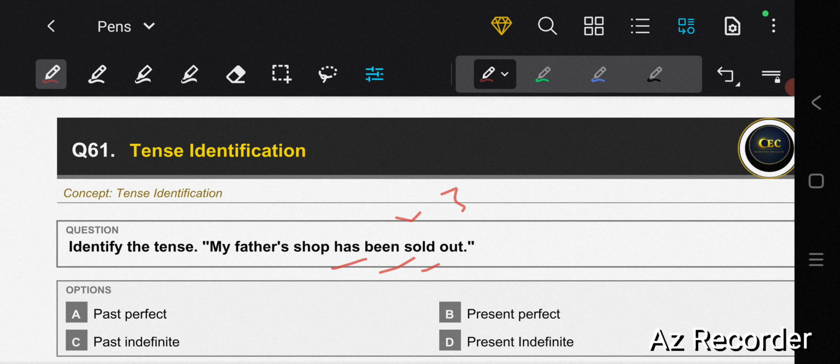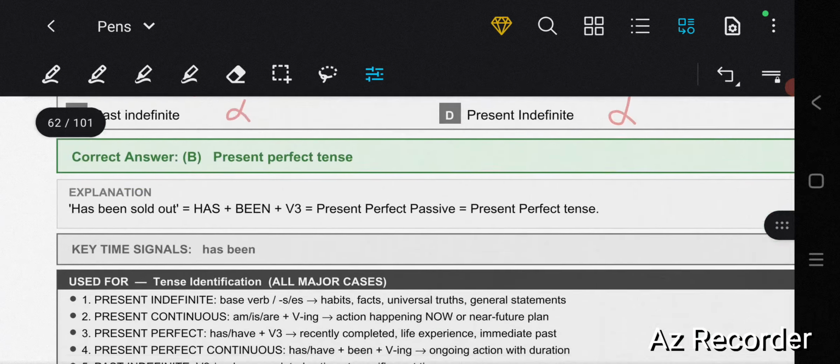Here we see the main verb is in V3 form. So after "have" or "has", if you see "been" and V3, it's present perfect in the passive formation. So what is the tense here? Present perfect, and the rest of the 3 will be incorrect options.